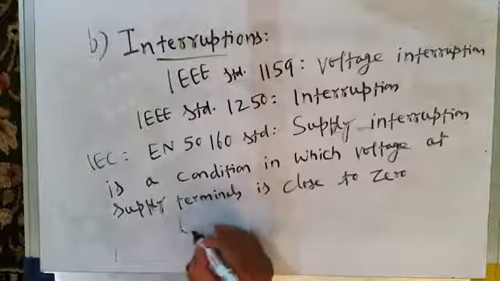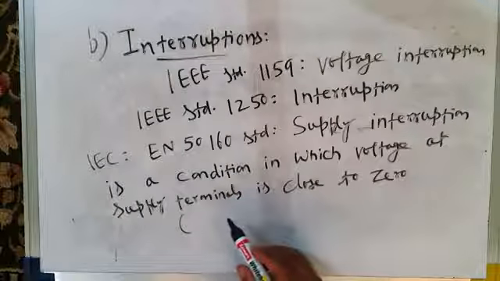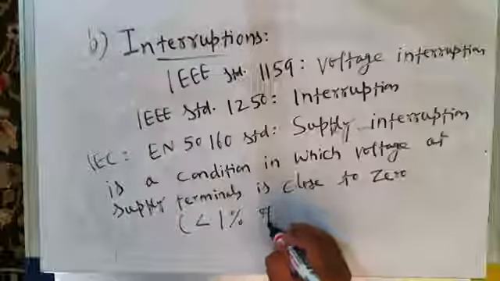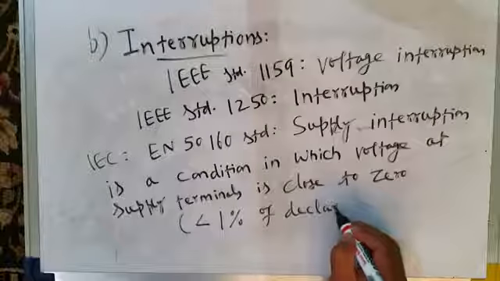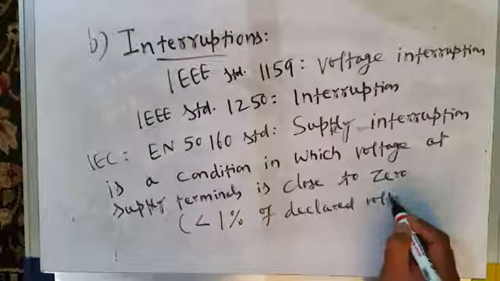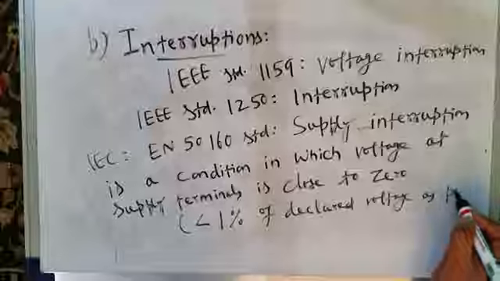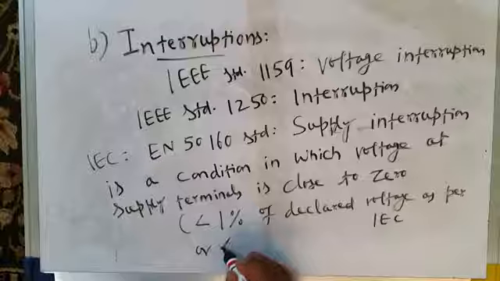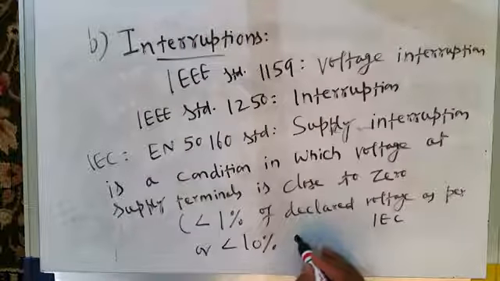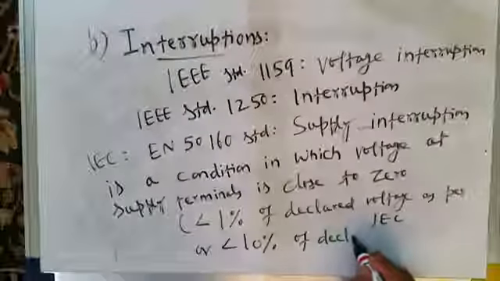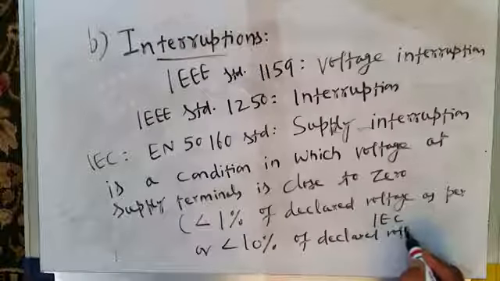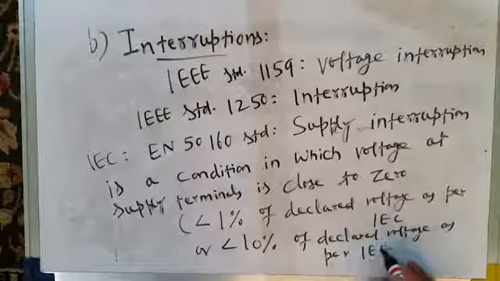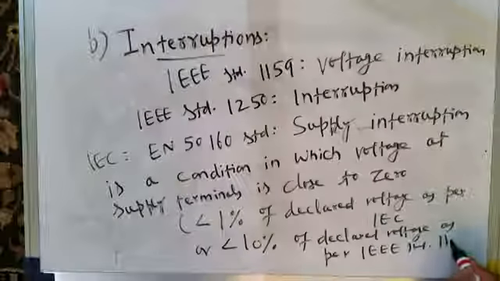Close to zero means less than 1% of declared voltage as per IEC standard, or less than 10% of declared voltage as per IEEE standard 1159.